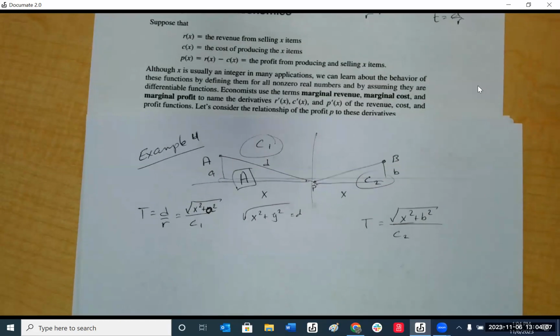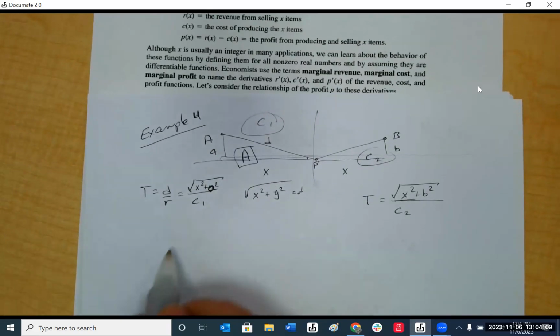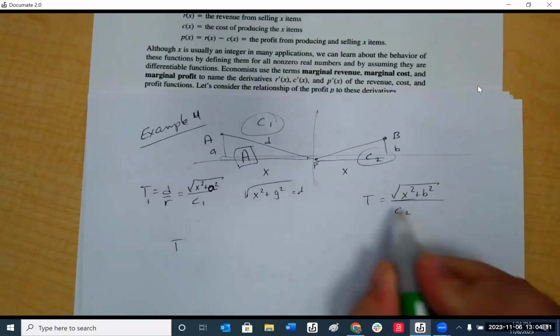All right, let's see what this gives us. So the total time, this is time one, and this is time two.